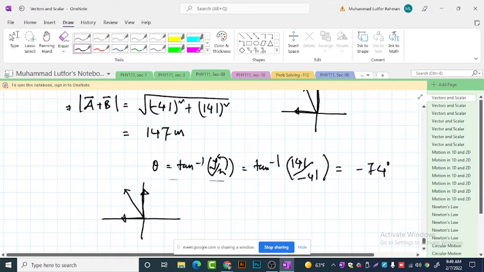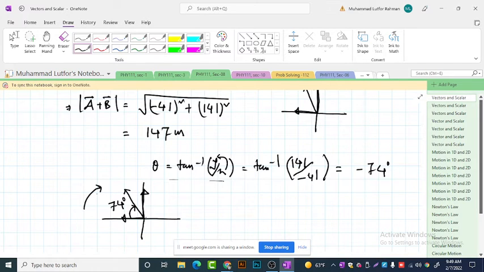Then my angle would be from the nearest x to y, which is actually the 74 degrees. Now why this minus sign? Because it is moving in the clockwise direction. I say any angle in the clockwise direction is negative, and any angle in the counterclockwise direction is positive. We will follow that convention here, then we can find the angle precisely.